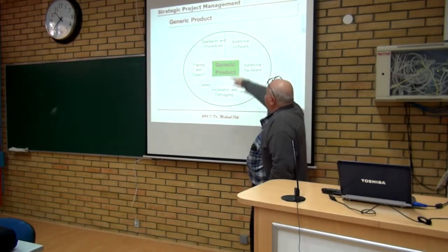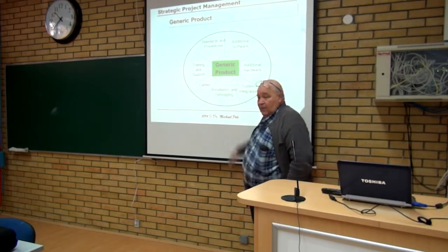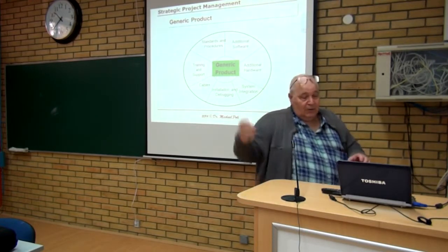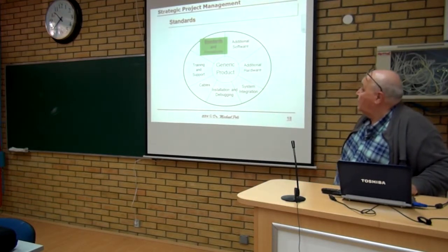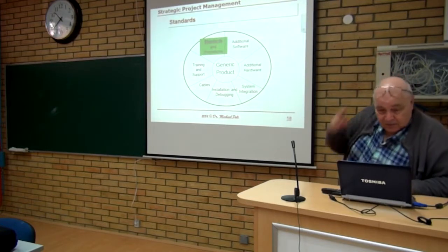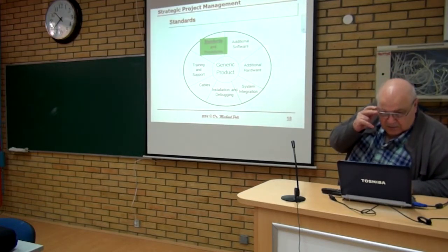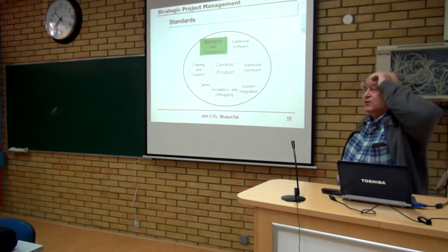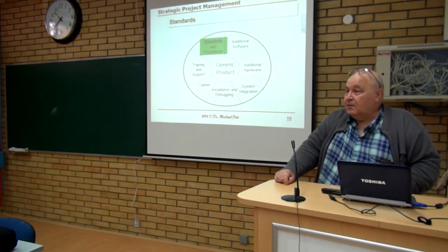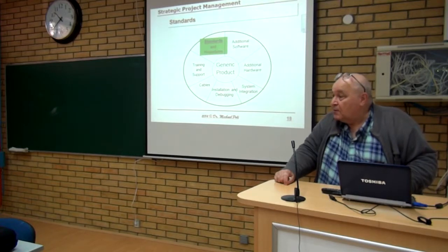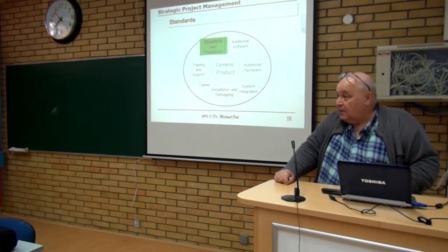And they give you the different elements around the generic product, which is the laboratory, say. And then they say, I don't know, I can't read that. Do we have standards and procedures for the laboratory here? Yes or no? You do, right?